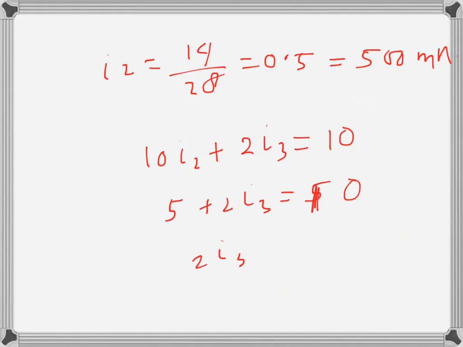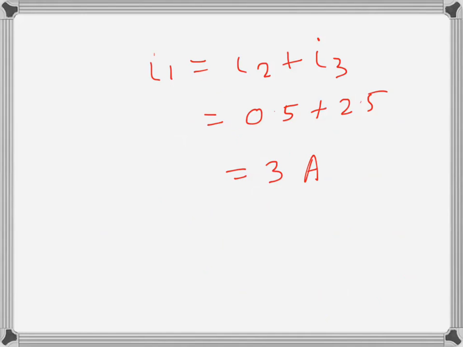So 2I3 equals to 5 and I3 is 2.5 amps. When we have these two, I2 we have and I3 we have, so I1 will be I2 plus I3 from the KCL. So that's 0.5 plus 2.5 equals to 3 amps.